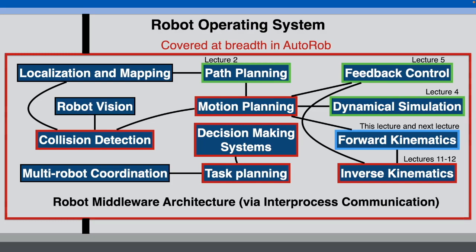In lecture 4, we looked at how we can physically simulate our physical environment within a computing device. In lecture 5, we looked at PID control for controlling the actual actuators on a robot. This lecture and the next, we're going to be talking about the concepts needed for forward kinematics, leading towards ultimately inverse kinematics, which we'll look at later on in the course.